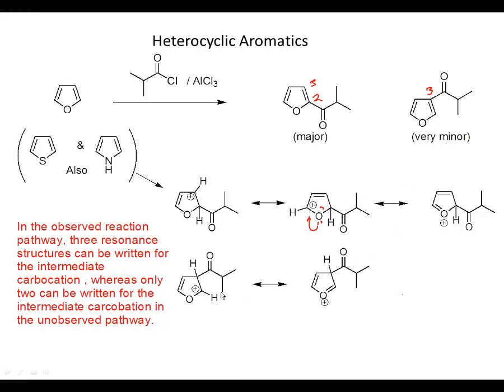When you attack the 3 position, this is your initial compound. You can draw a resonance form with the ether, which is pretty good, but you can't draw any of the allylic resonance forms. So, because you can write more resonance structures for the attack at the 2 position, this tends to be the predominant pathway observed.